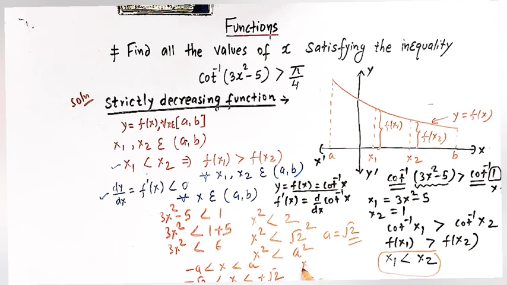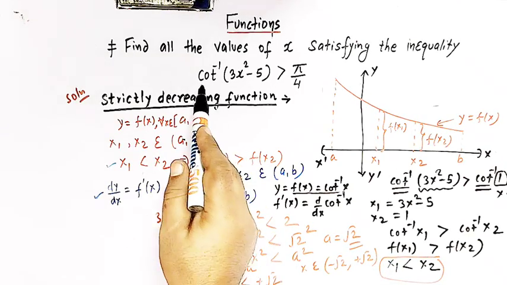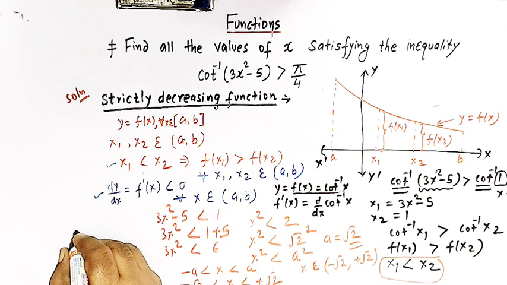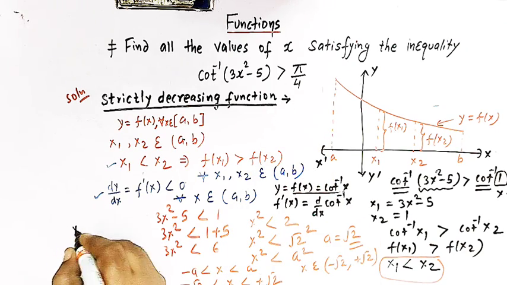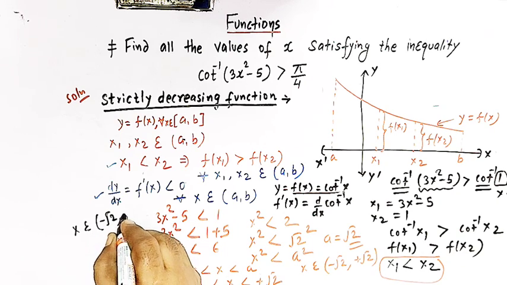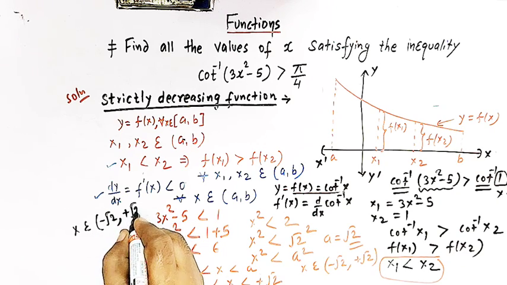So x lies between minus square root of 2 and positive square root of 2. So viewers, the solution of this inequality is given by this interval, that is x belonging to minus root 2 to positive root 2.